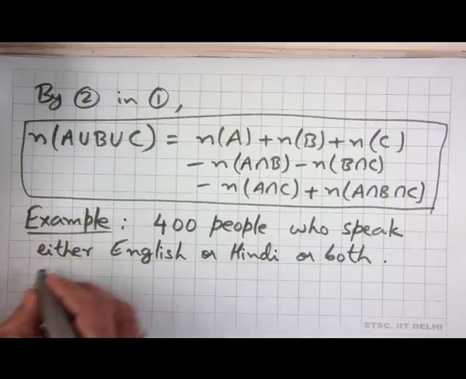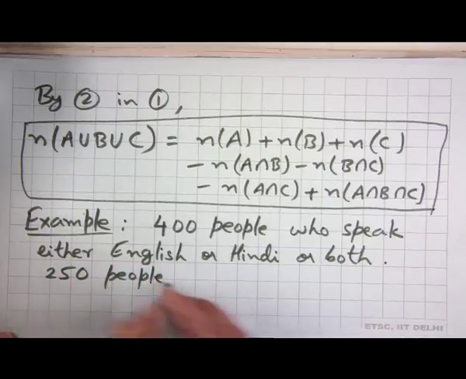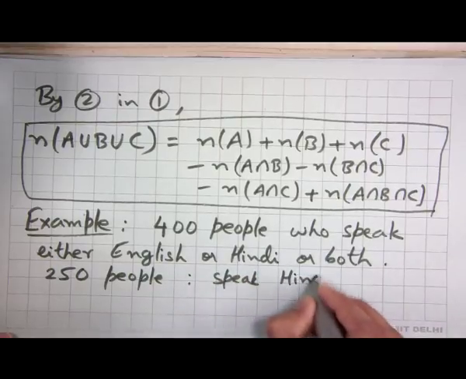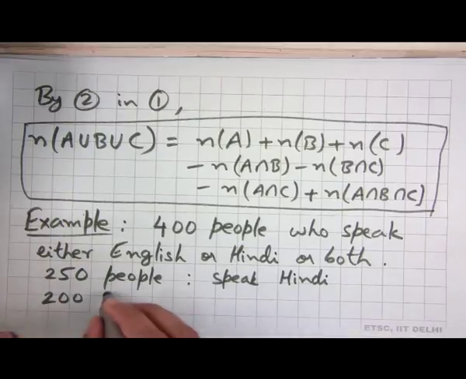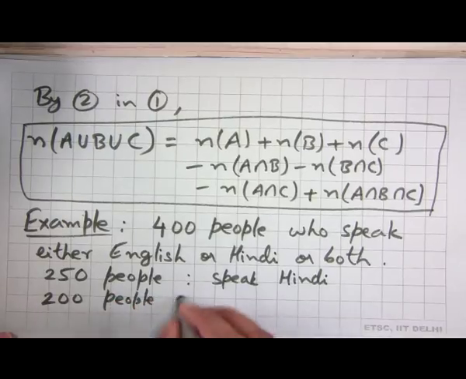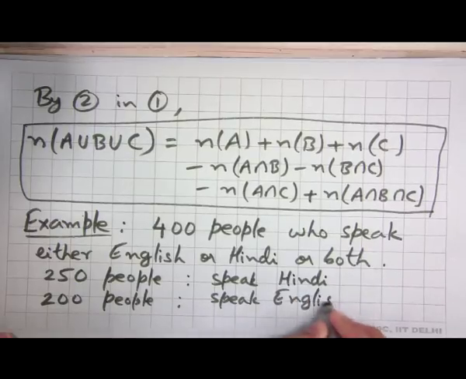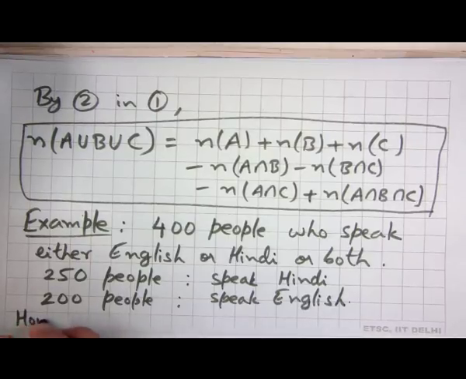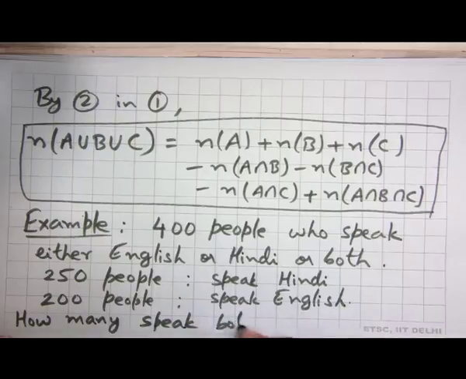And what we know is that 250 people speak Hindi out of these 400 people, and out of this 400, 200 people speak English. Then what we want is how many speak both languages.